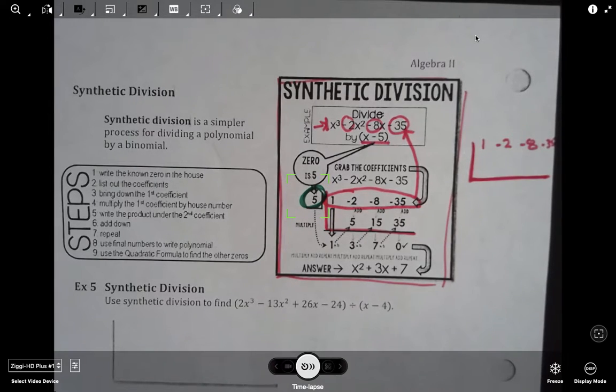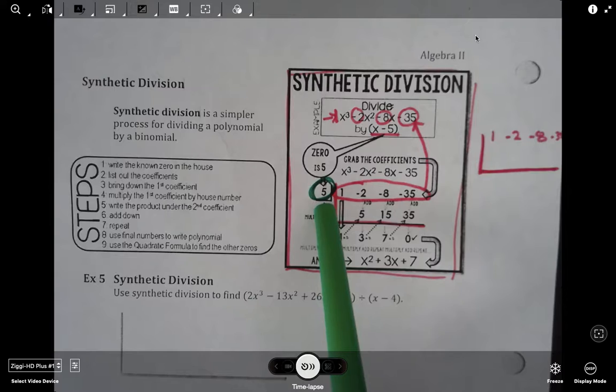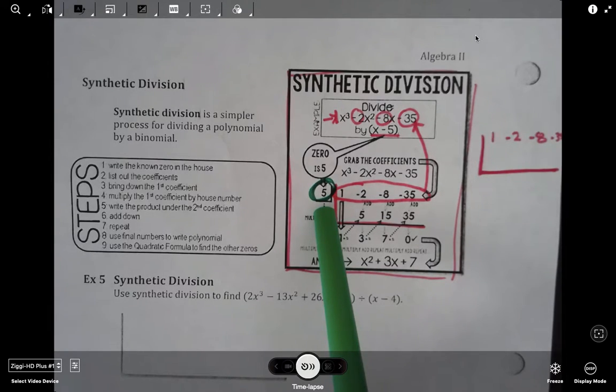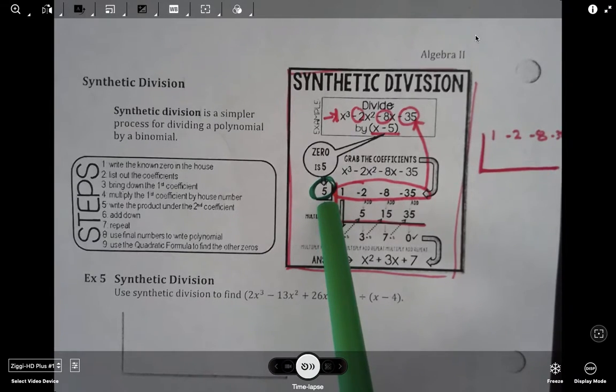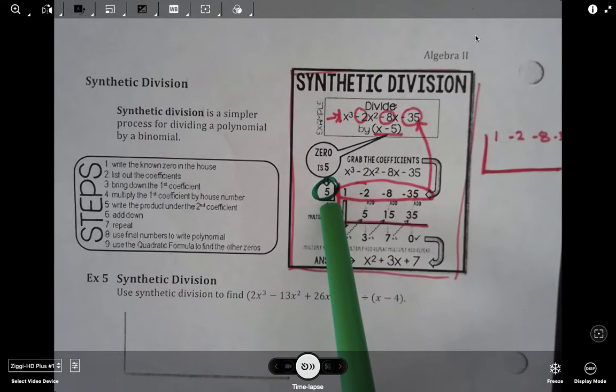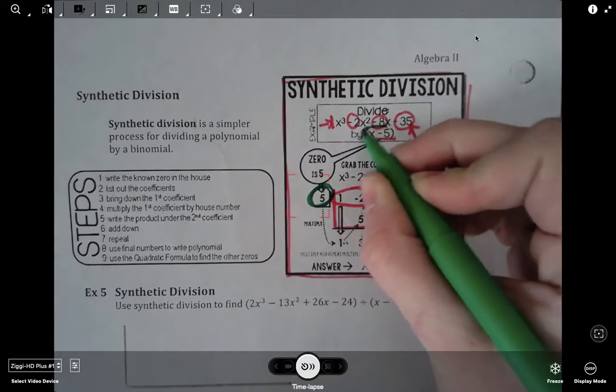Let me come back to you guys over here. This number right here, what is that number? Read me that number. 5. Is it a positive 5 or a negative 5? Positive. It is a positive 5, but the problem is I was dividing by x minus 5.